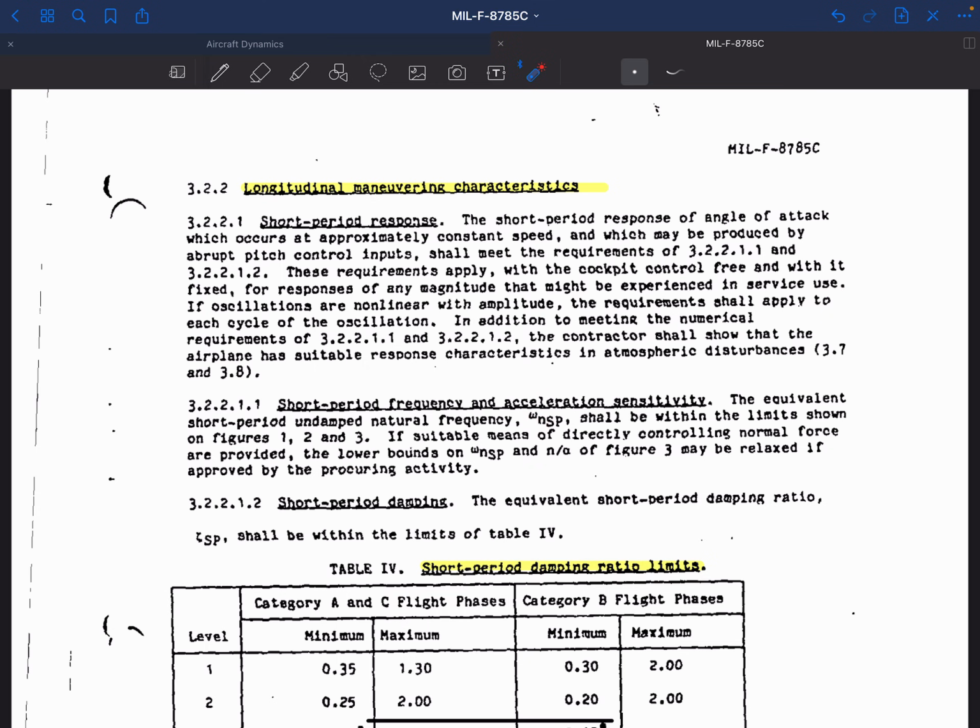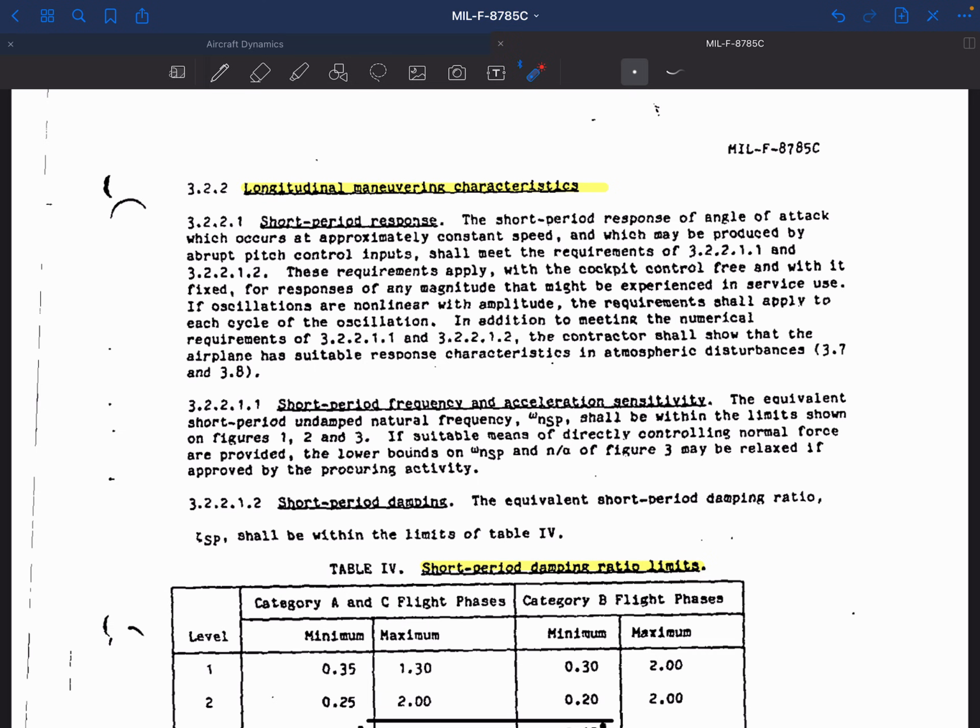Excuse me, yeah, this is the undamped natural frequency, okay? Not the damped frequency. This is the undamped frequency, and that was related to this n over alpha. This is acceleration. N is g's, so your load factor per angle of attack.